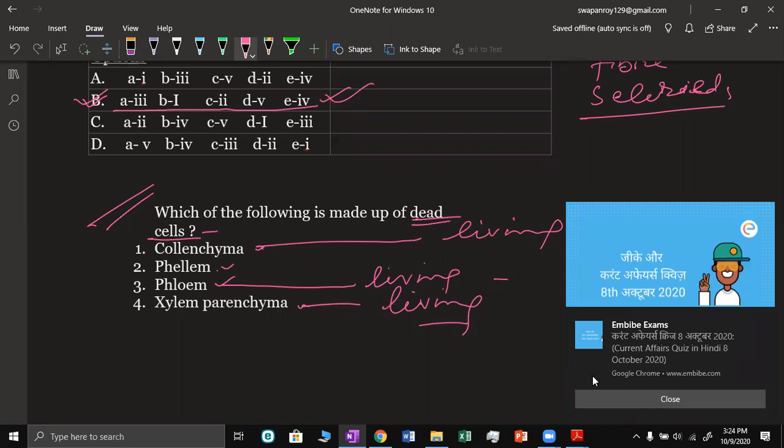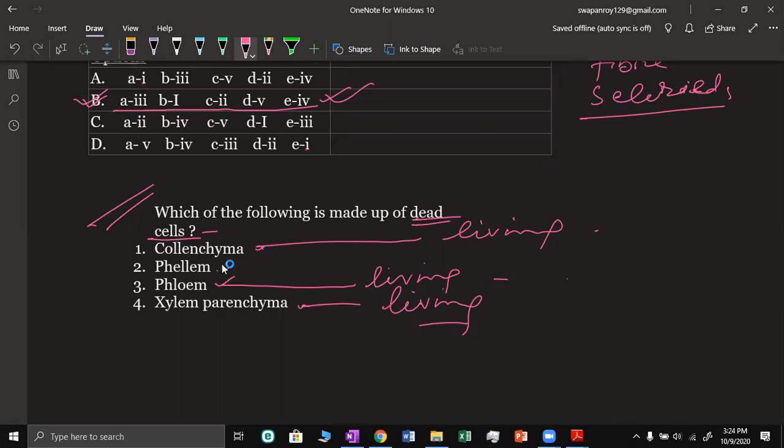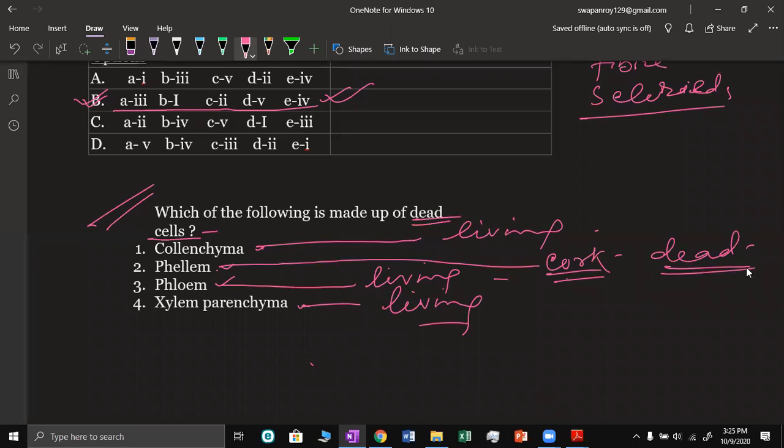The phloem, which is also known as cork, and cork is a dead tissue, okay, which forms the outer portion of the bark. All right. So cork is dead.